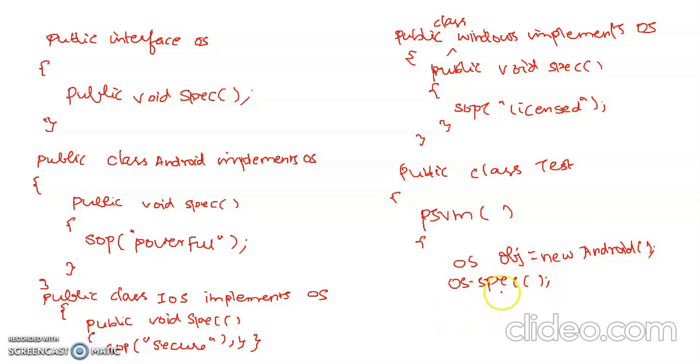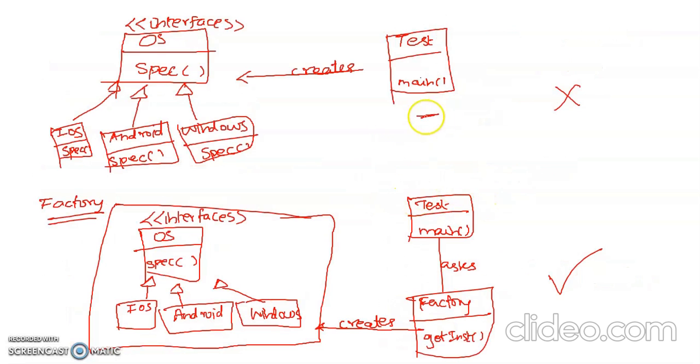When this code is executed, we will get the output powerful. If I change this Android to iOS, we'll get the result as secure. If we change it to Windows, we'll get licensed. So this is the code without the factory pattern.